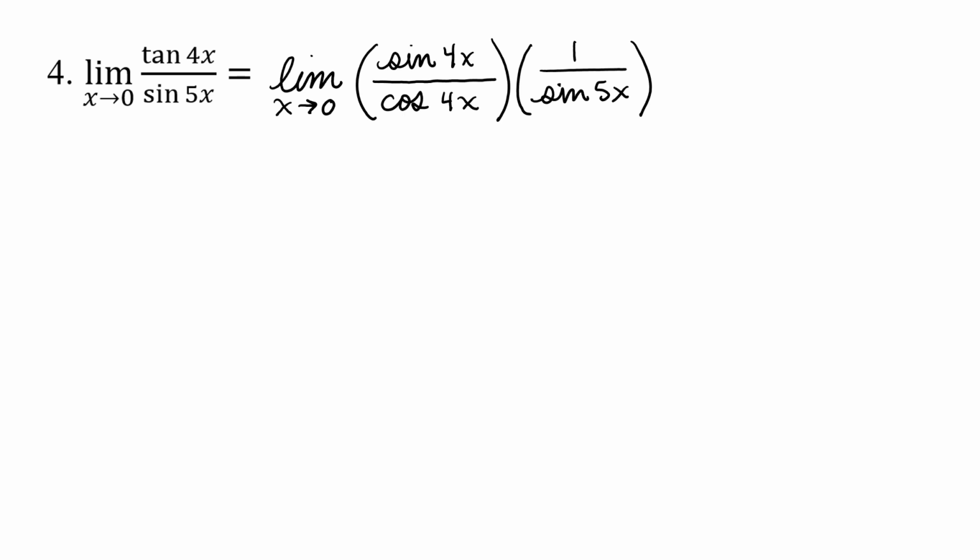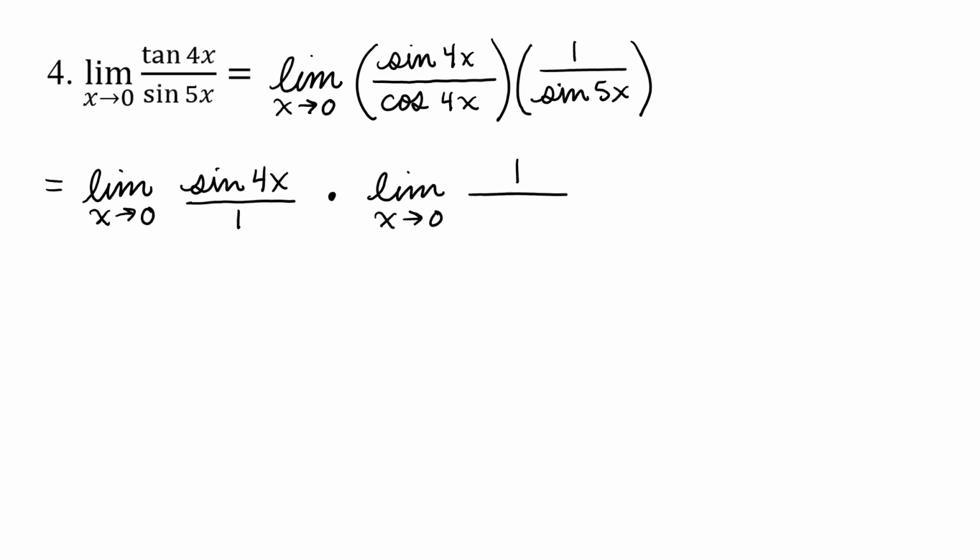And then we'll want to split all of these up. So this is equal to the limit as x approaches 0 of sine of 4x over 1 times the limit as x approaches 0 of 1 over cosine of 4x times the limit as x approaches 0 of 1 over sine of 5x.